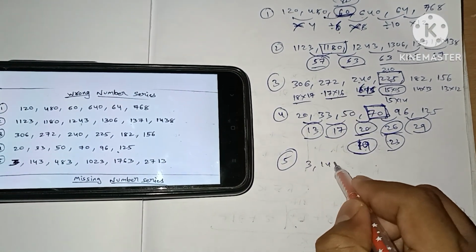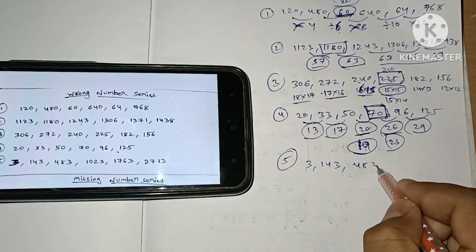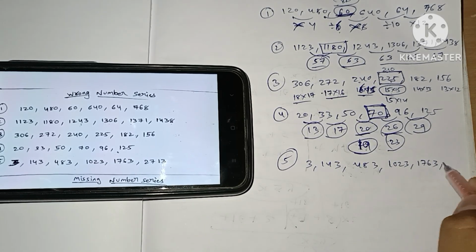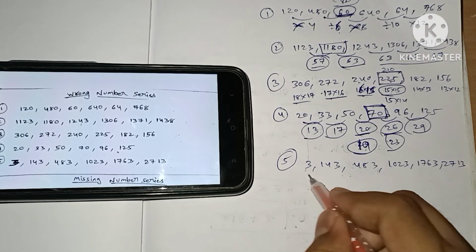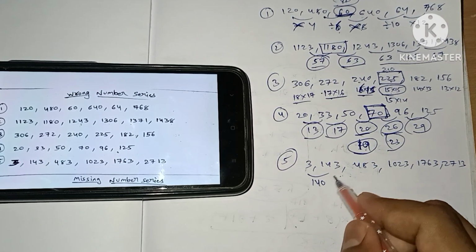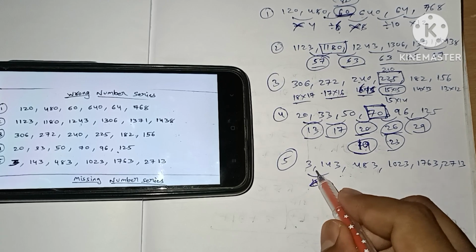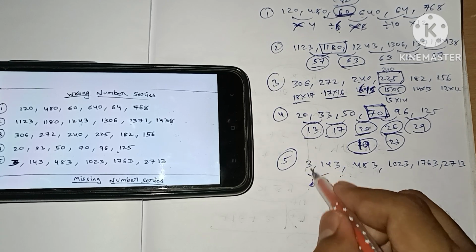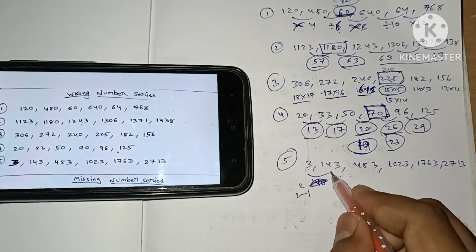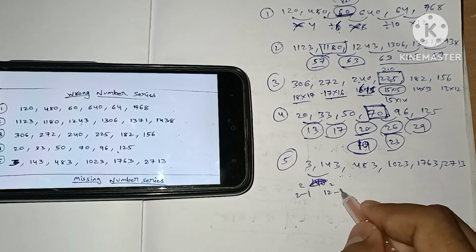Okay. Next, fifth question. 3, 143, 483, 1023, 1763, 2713. Here the difference is 140. Or else, wait a second. These numbers are familiar to me as this is 2² minus 1, meaning 4 minus 1. This is 12² minus 1.